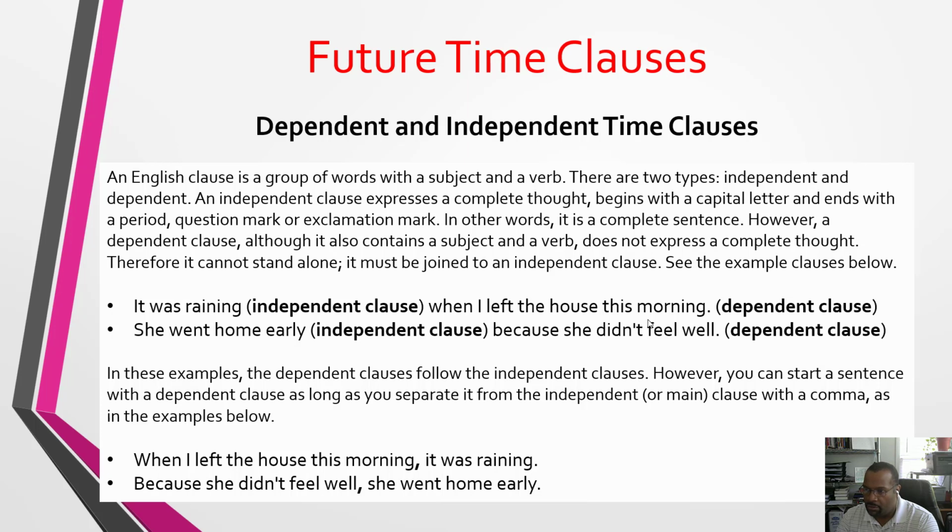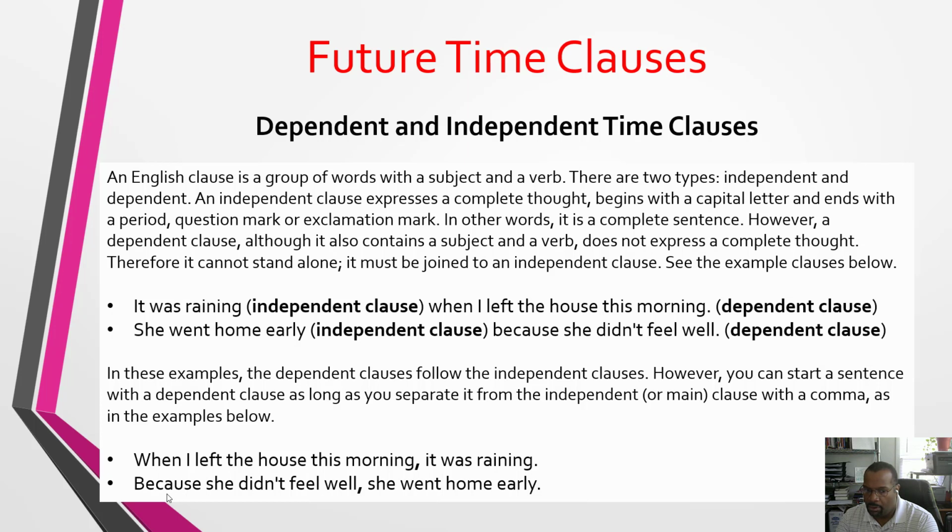But we can write the same sentence using dependent and independent, and when we do that, we have to use a comma to separate the two clauses. Here's the first example: when I left the house this morning, comma, it was raining. When I left the house this morning is our dependent clause. It was raining is our independent clause.